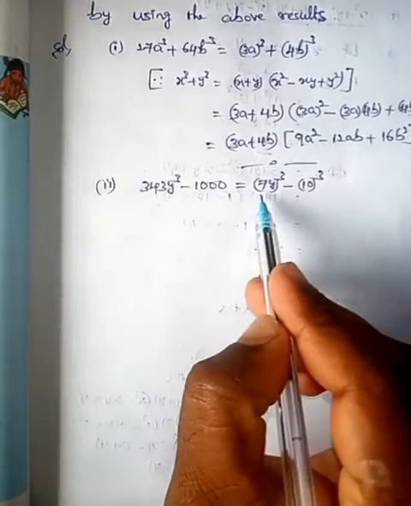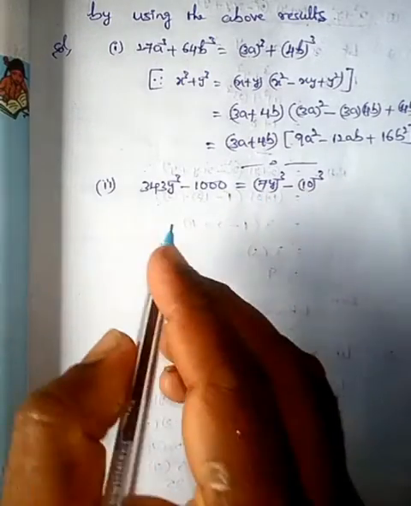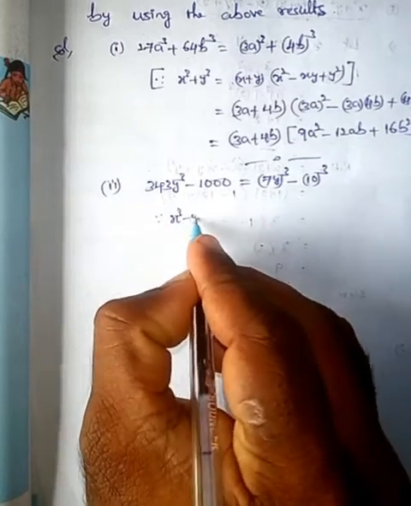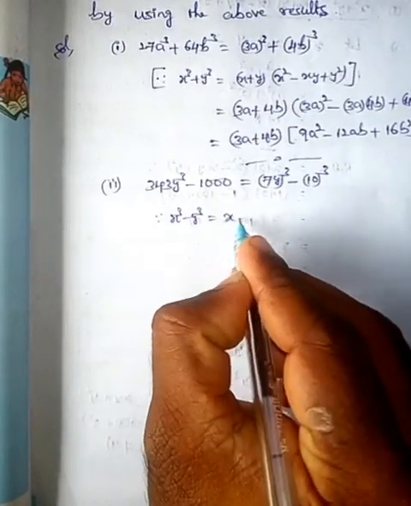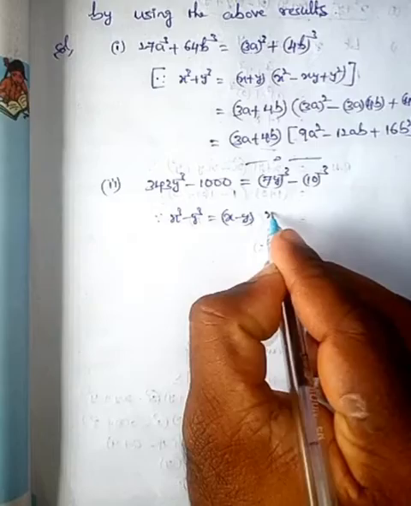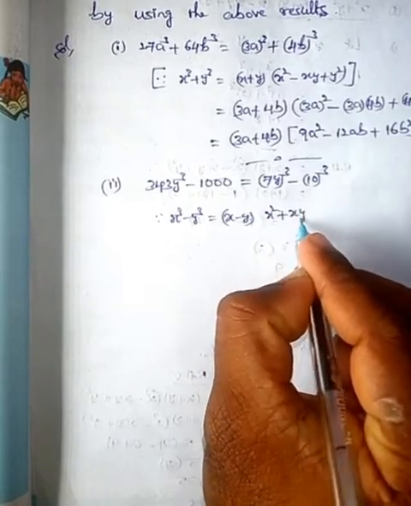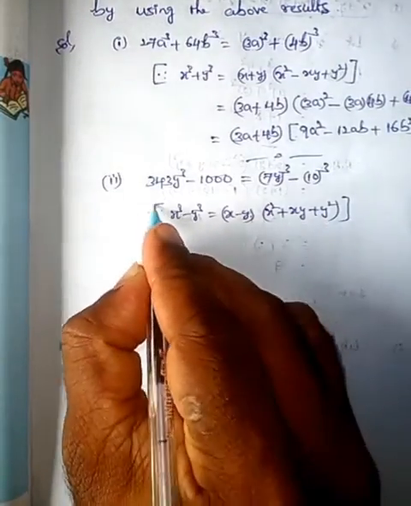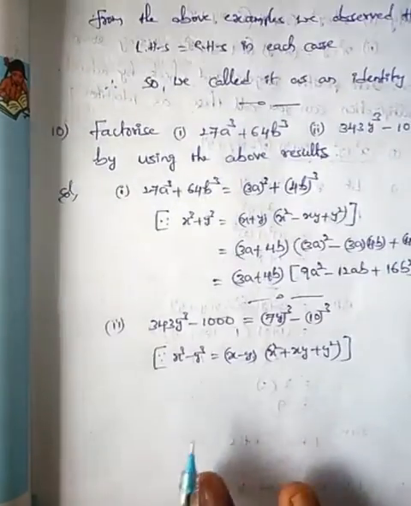Now this is in the form of x cube minus y cube. What is the formula of x cube minus y cube? x cube minus y cube is equal to x minus y into x square plus xy plus y square. Okay, this is also given in the ninth problem.